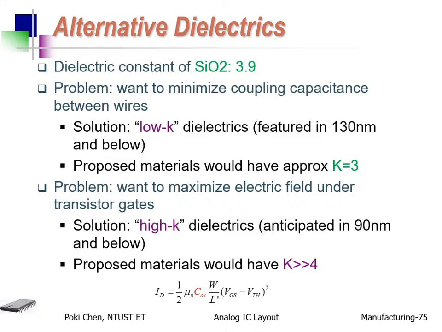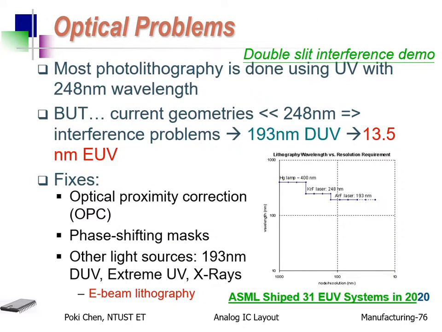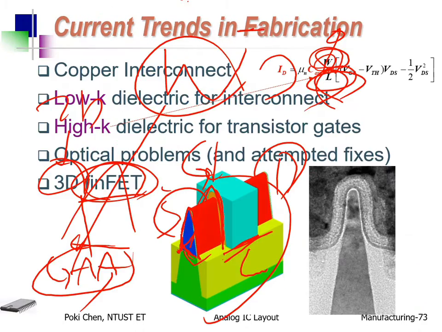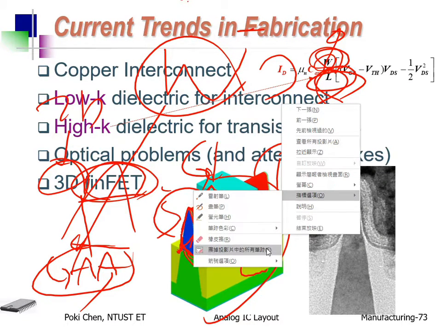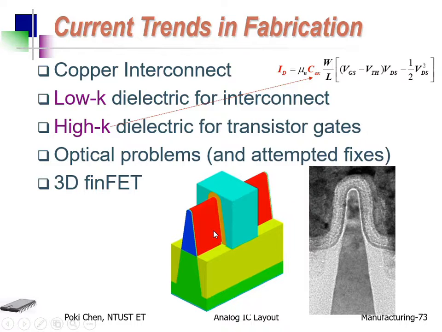And also you can see, for dielectrics, if you are talking about current conduction, again, alright, let's go back here. According to this one, right? To speed up the operation, we would like to enhance the current conduction.